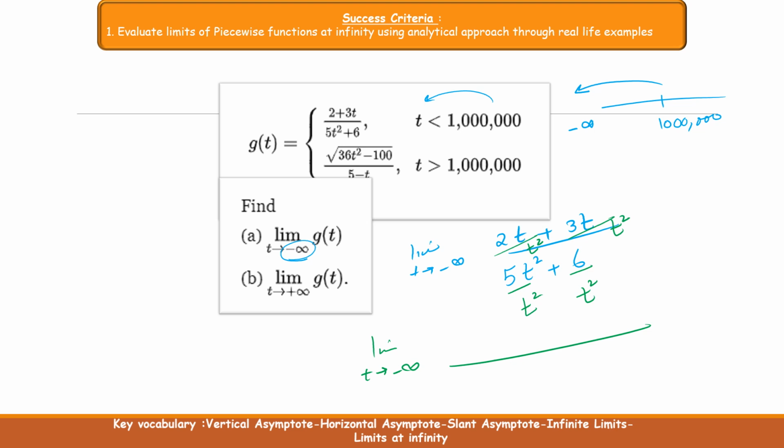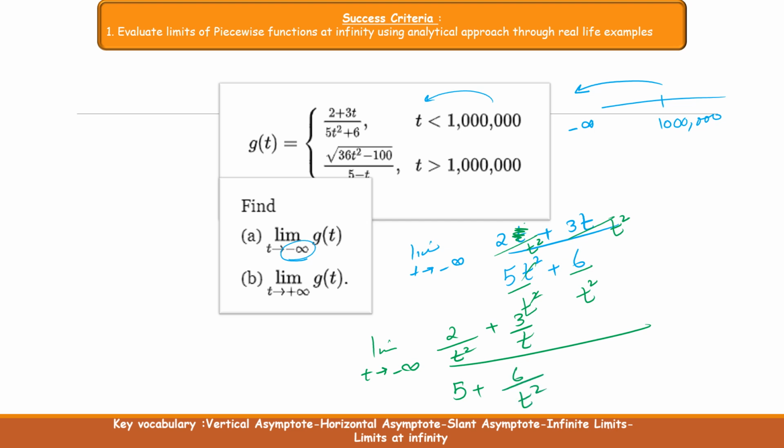Solve it: t divided by t squared gives us 1 over t, so 2 over t squared, 3t over t squared gives us 3 over t, t squared cancels so only 5 is left, and 6 over t squared.